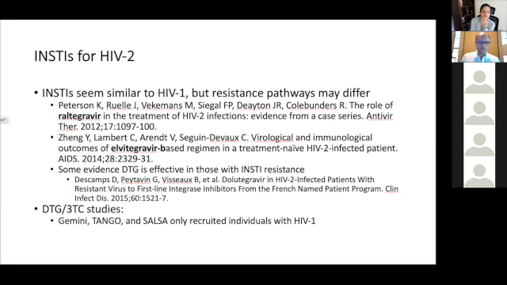So, for instance, in integrase, the N155H or the Q148R will result in resistance to raltegravir in both HIV1 and HIV2, whereas the Y143 pathway requires additional mutations in HIV2, unlike in HIV1.